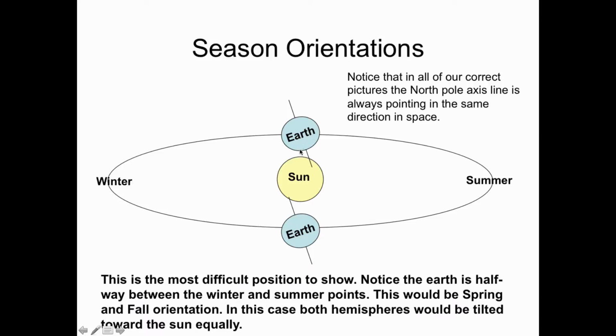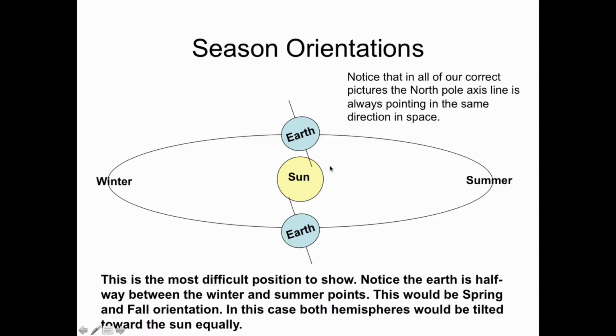Well, this is very hard to show in this kind of a format, but during the equinoxes, or spring and fall, neither hemisphere is pointed more toward the sun. They are equal, which makes sense. If it's more to the northern hemisphere here and more to the southern hemisphere here, there's got to be a point in between where they're equally pointed toward it, and that is our equinoxes. So this is a pretty hard one to depict.